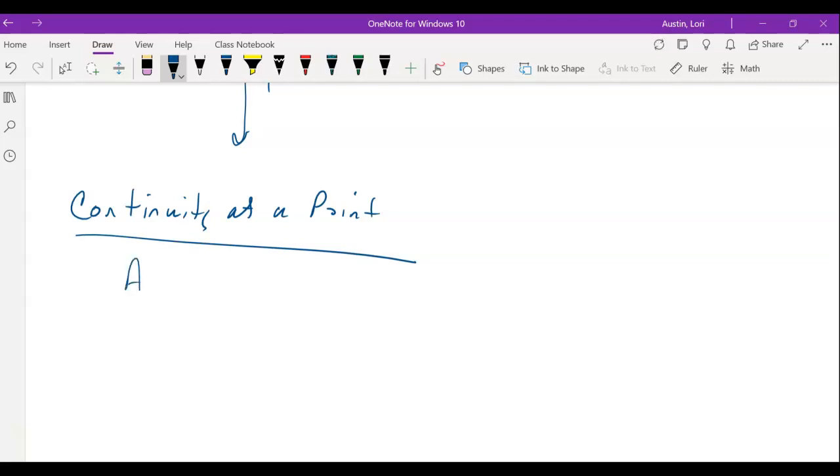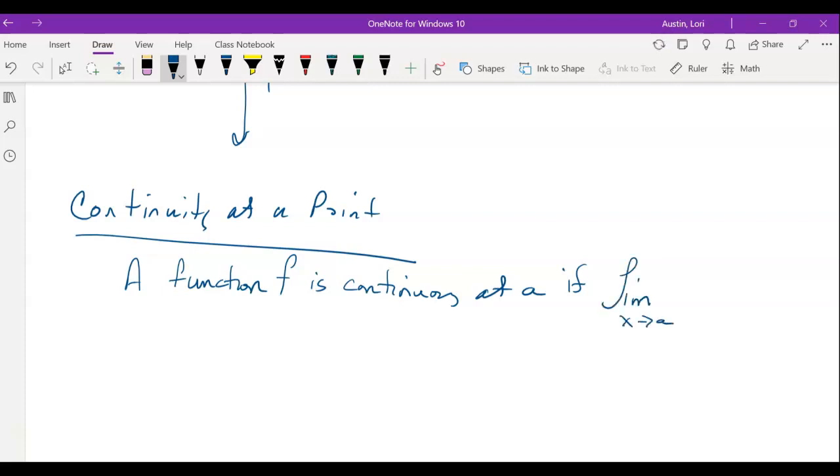So a function f is continuous at a if the limit as x approaches a is actually equal to f of a.